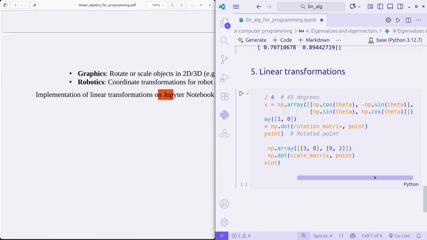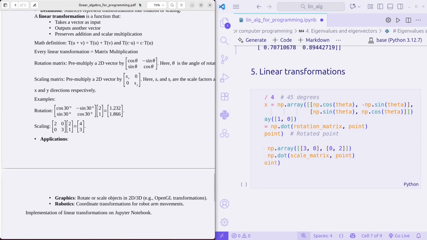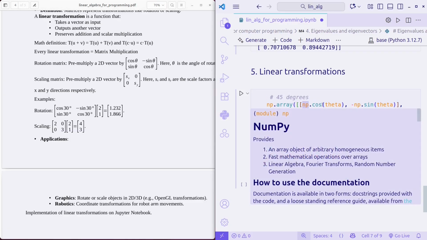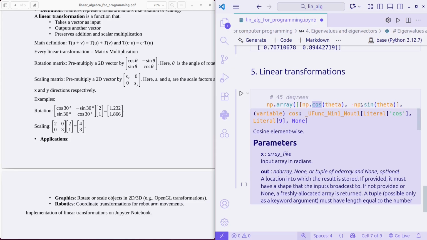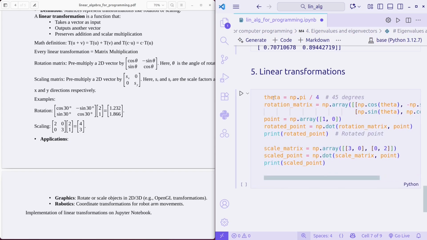And then I just input the transformation matrix, which is this one, to the computer. Okay, and then I can use np.cos and np.sin to represent the cosine function and the sine function. Okay. And then this theta is just the one obtained before, and this theta is put into the rotation matrix.